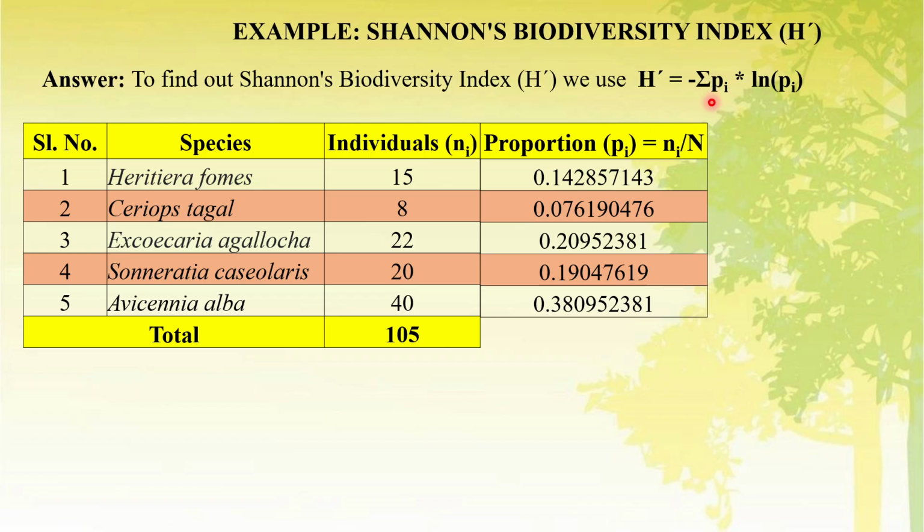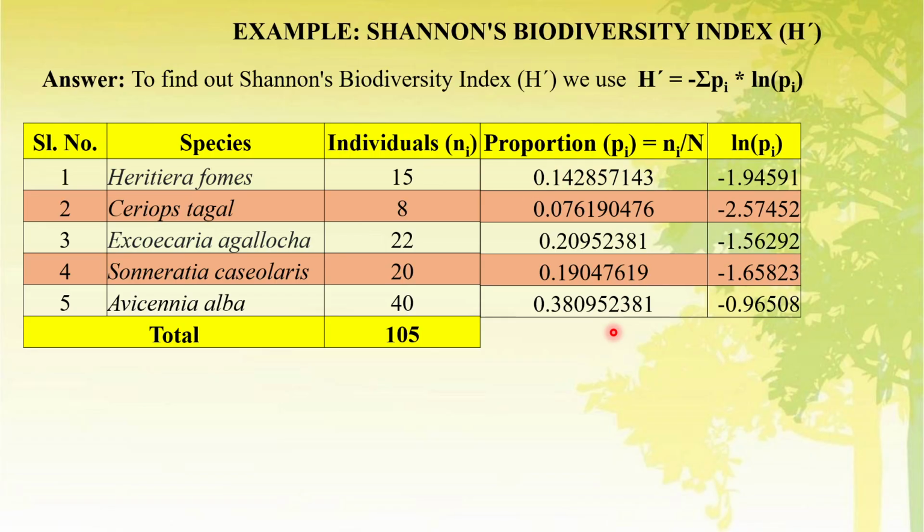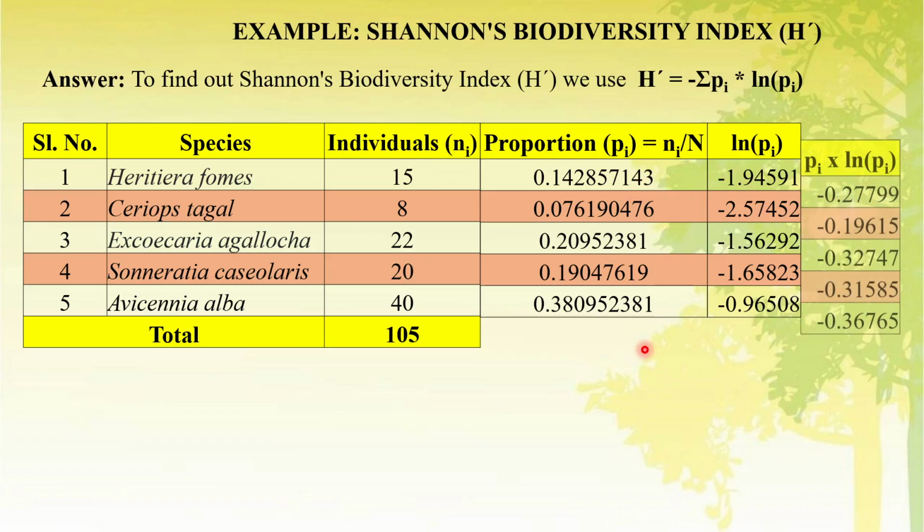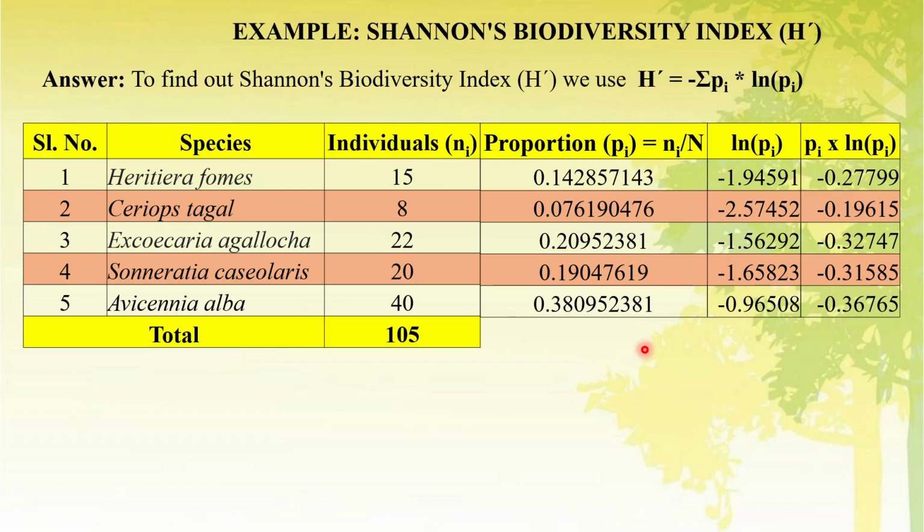So we have to identify the ln pi. So we calculate the ln of this value, and then multiply by pi. So it is done, and I have to get the sum of all these 5 values.